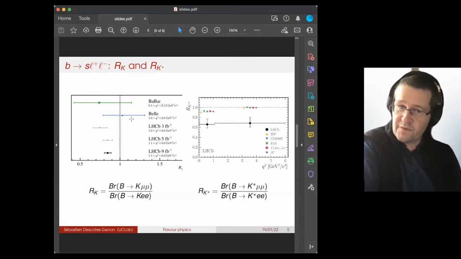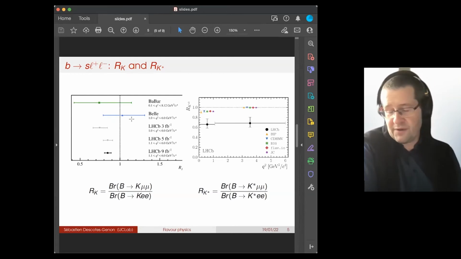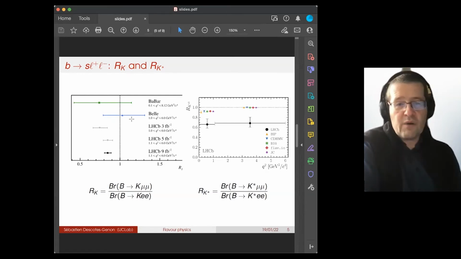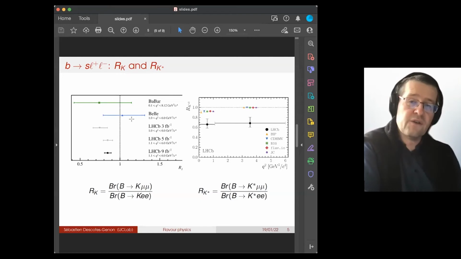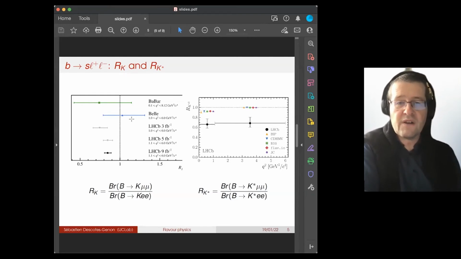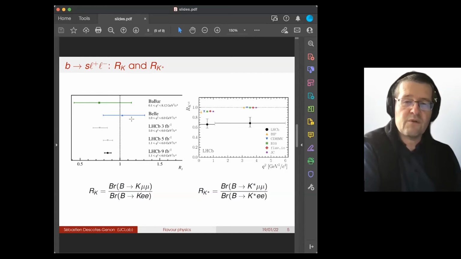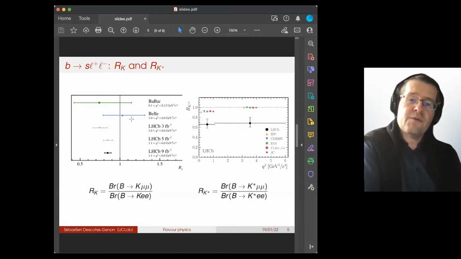the fact that you're far from, not very far, but the uncertainty matters as much as the central value here for RK, and as well for RK star. You see, all these funny dots with colors correspond to the theoretical predictions, which are very close to 1, not exactly 1 when you're at very low Q squared, but there's a good reason for that, that you understand.